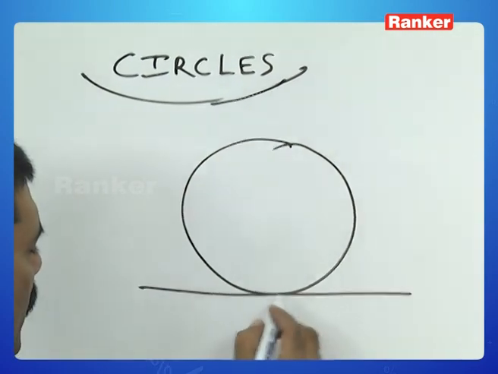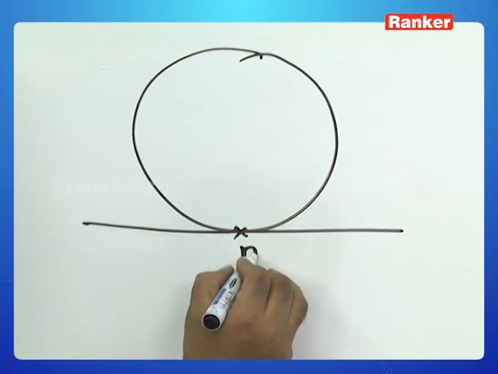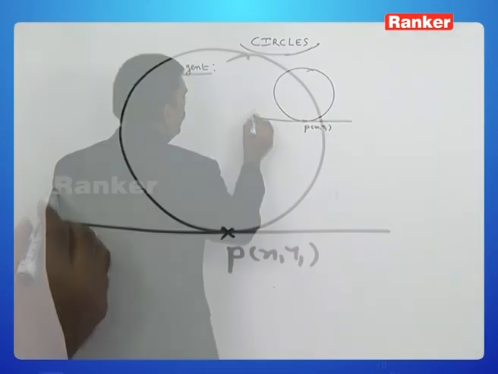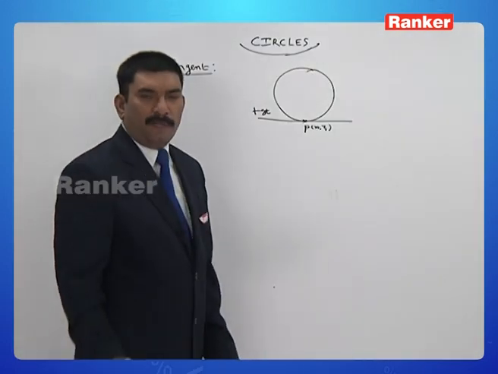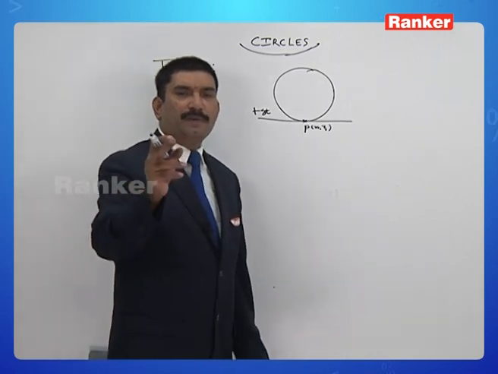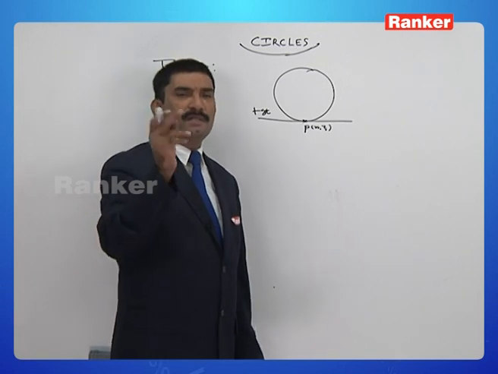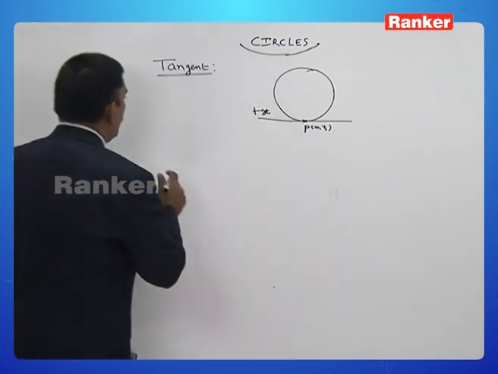This is the line which meets the circle in two coincident points. We take the point as (x1, y1). This line we call the tangent to the circle. Let us see how to find the equation of the tangent at P(x1, y1).